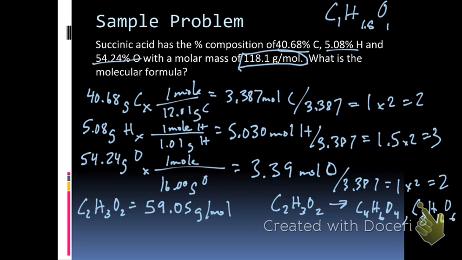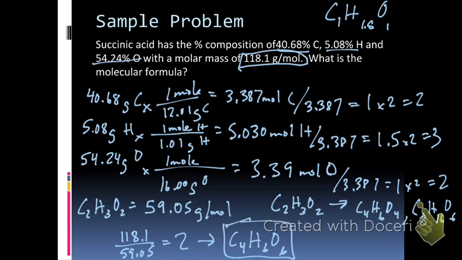And so we know C2H3O2. Now if we take 118, which is our molar mass, divide that by 59.05, we should get 2, which means the molecule itself is double the empirical formula. So if I double the empirical formula, it's C4H6O4, right? So this is succinic acid.